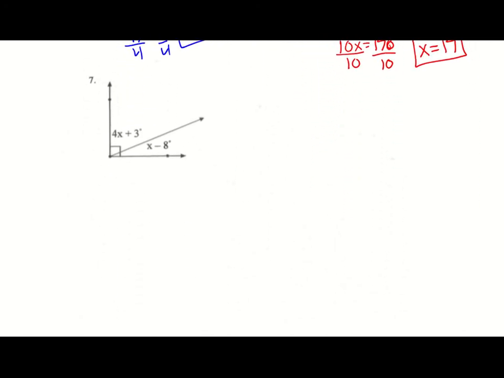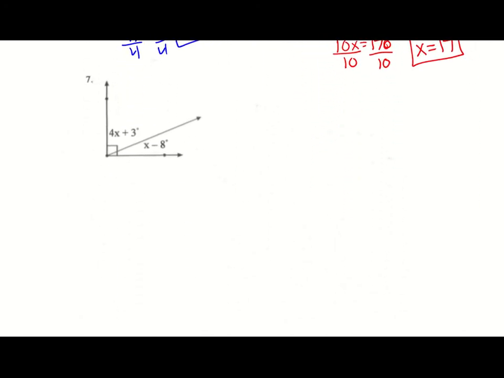Okay, we've got one more. Number 7. This box in the corner tells me right away that I have a 90-degree angle. So if I add up these 2 pieces of my 90-degree angle, I'd get 4x plus 3 plus x minus 8, and I can set that equal to 90 degrees.